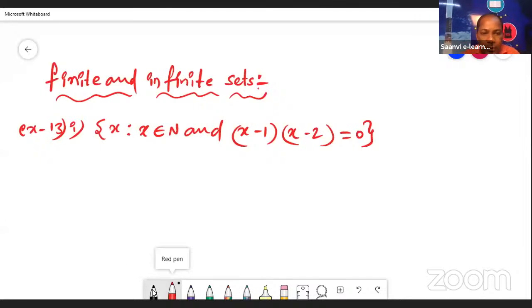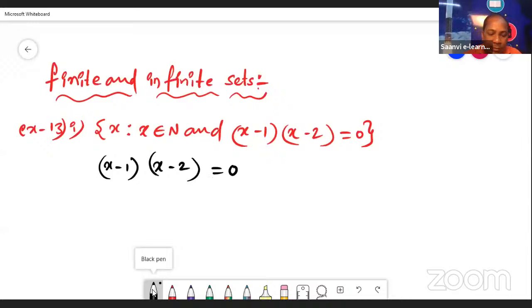Here a clue is given, x values are all natural numbers. So take the given equation, what is the given equation? (x minus 1)(x minus 2) is equal to 0. When we take the x values, that is natural numbers, it should be equal to 0.